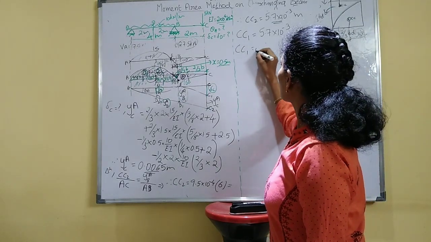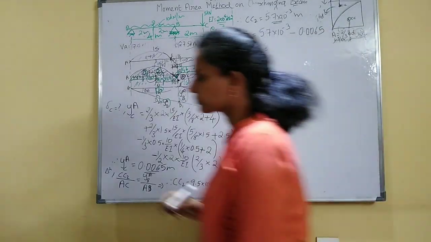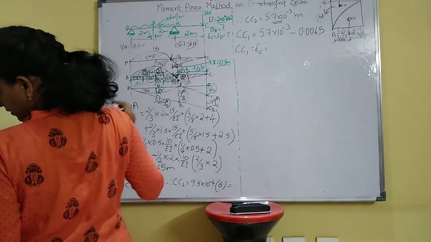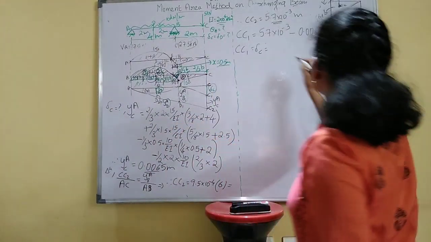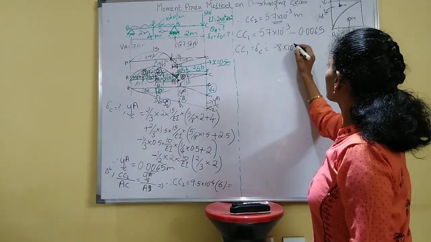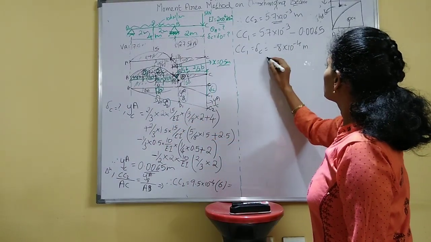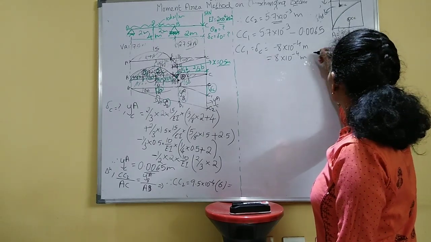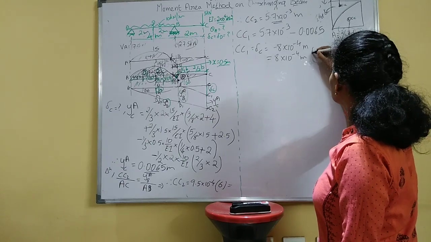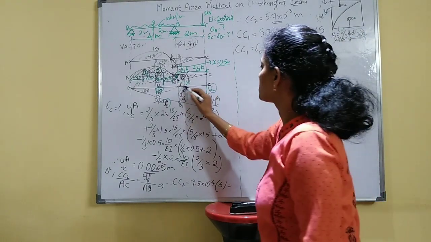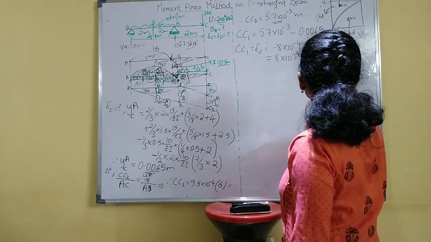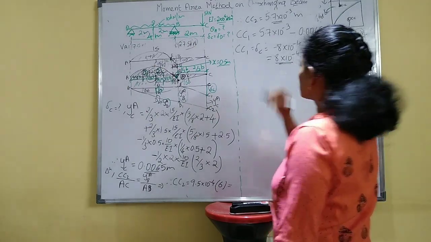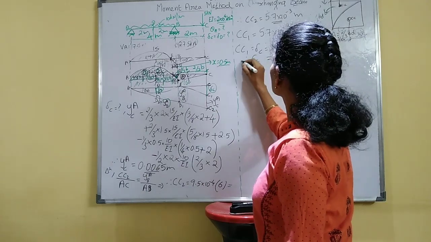Therefore CC1 or delta C equals minus 8 into 10 power minus 4 meter. The deflection that you assumed here is downward. If it is minus, it will be upward. Okay, this is your final delta C value.